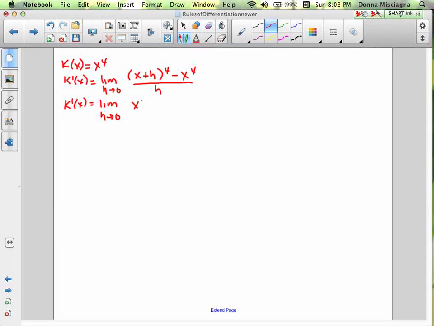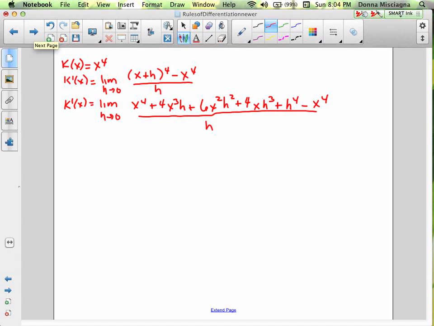That would be x to the 4th plus 4x cubed h plus 6x squared h squared plus 4xh cubed plus h to the 4th minus x to the 4th, all divided by h.